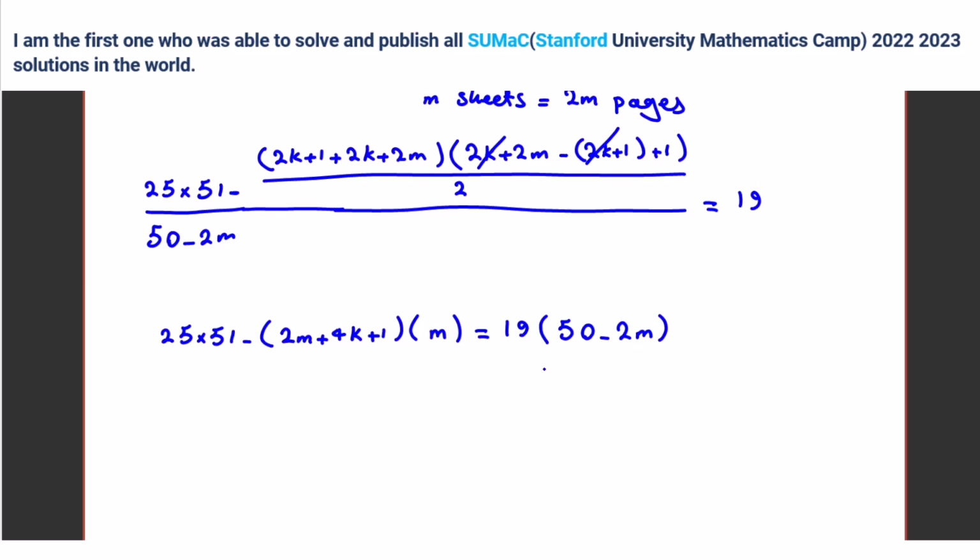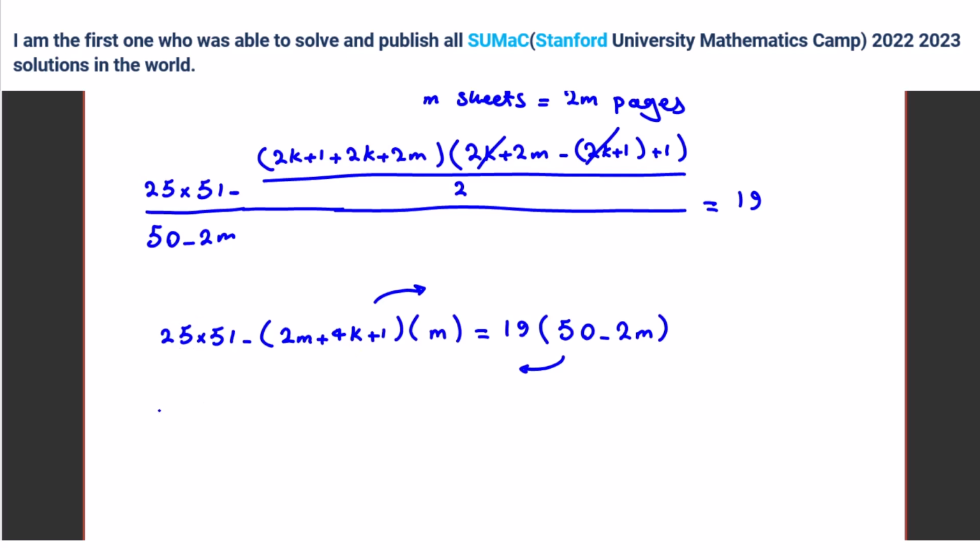Then we try to factorize. If we take this one to this side, 19 times 50 is greater, or this one, if we multiply it by 2, this one is greater.